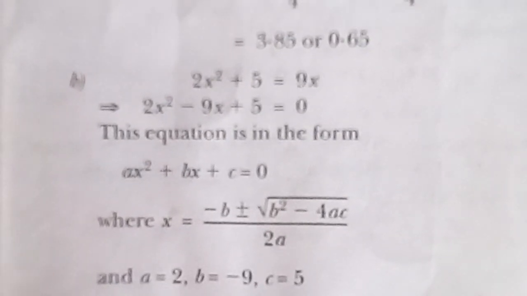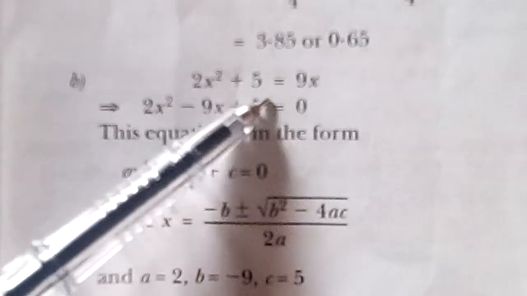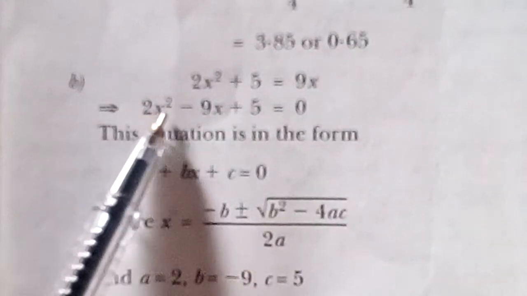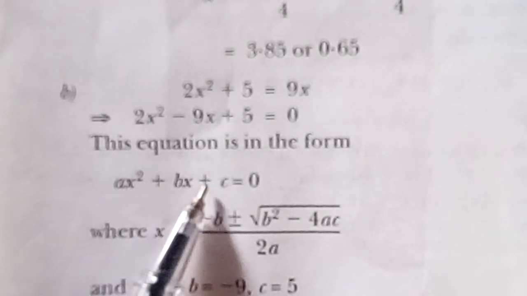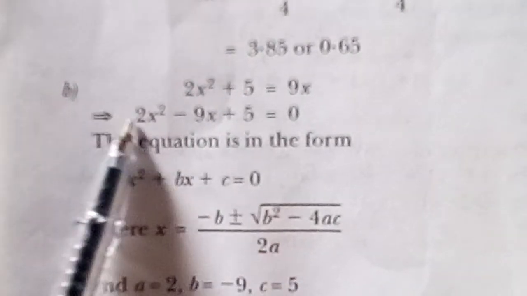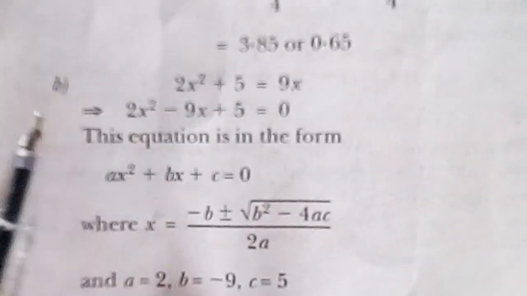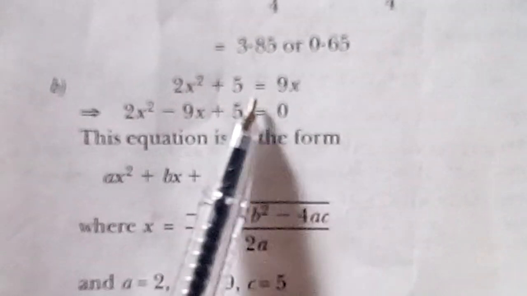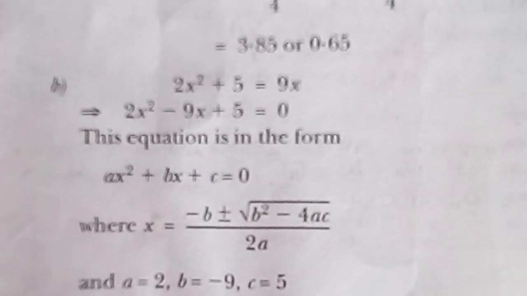Now let's look at how we can use the formula, called the almighty formula, where we have 2x squared plus 5 equals 9x. You take the 9x to this side to give you 2x squared minus 9x plus 5 equals 0. This equation is in the form ax squared plus bx plus c equals 0, where a equals 2, b equals minus 9, c equals plus 5.